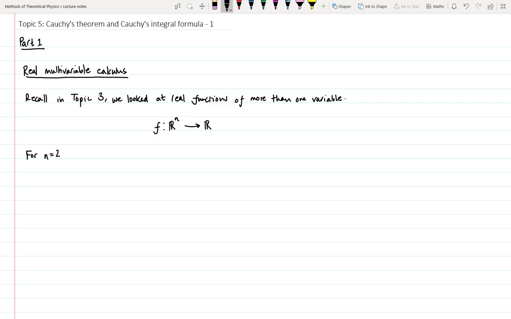And we also saw that for n equals 2, we can draw the function over the plane. As a reminder, I'll do a quick sketch. We give ourselves 3 axes, x, y, and f of x and y.